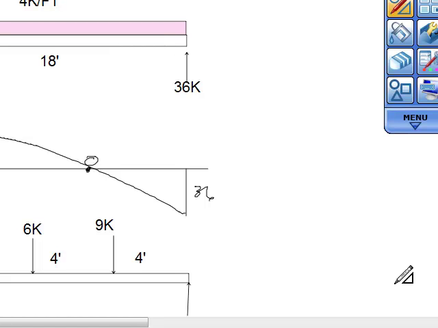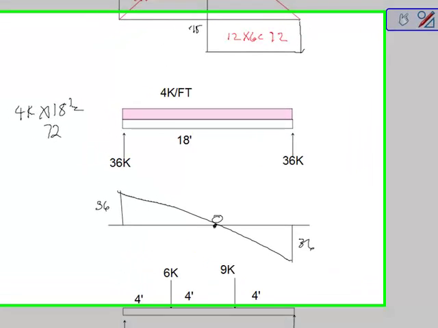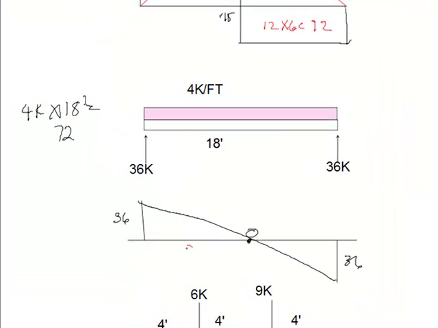So this is 36, that's 9 feet right there. So the area of that is 1/2 times the base, which is 9, times 36. So what does that equal?